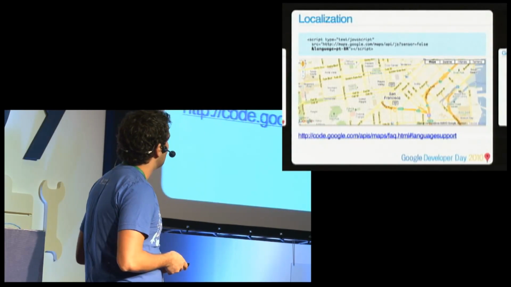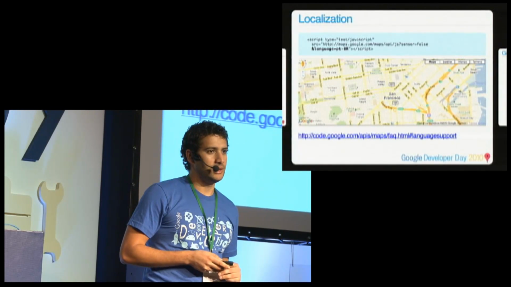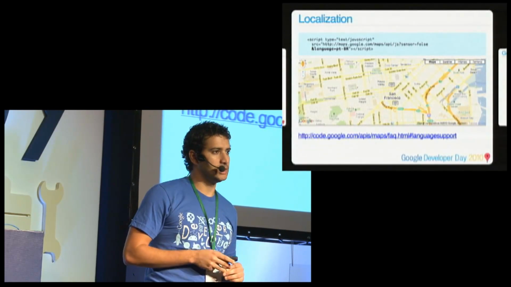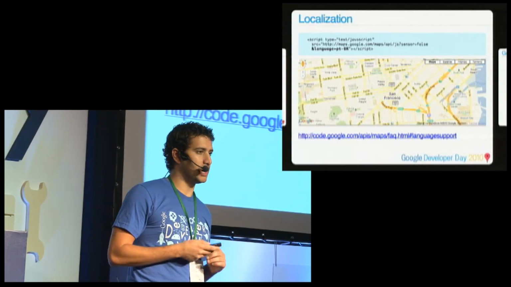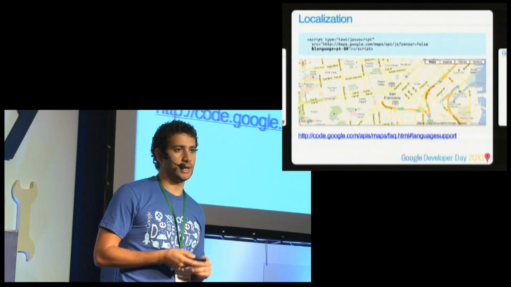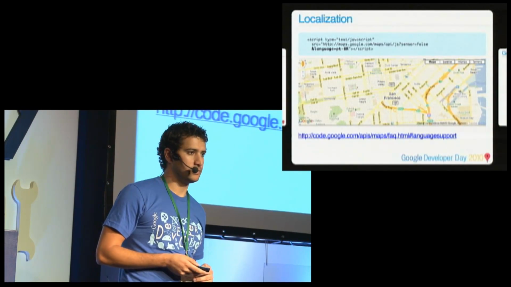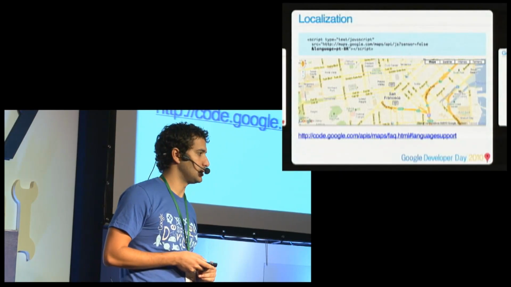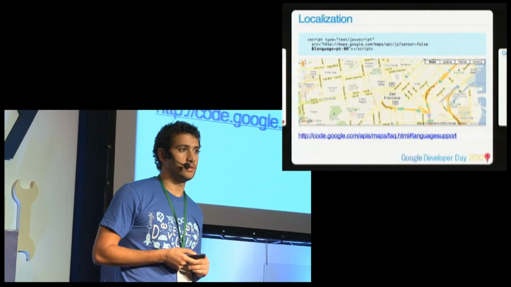Since I am in Brazil, I'll talk about localization. This is actually something you don't typically have to take care of for the Maps API. By default, we will show the map in the language that the user's browser is set to. So if it's set to Brazilian Portuguese, it'll load Brazilian Portuguese. In most cases, you want that behavior.